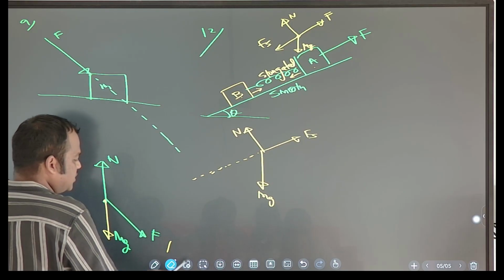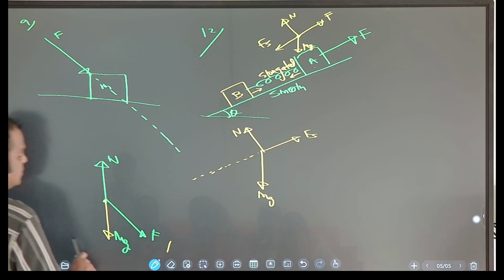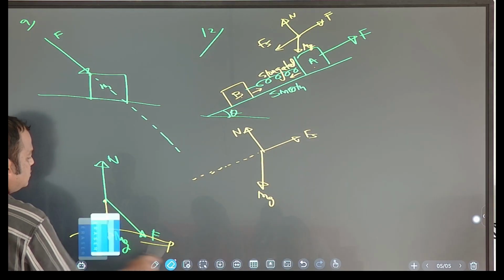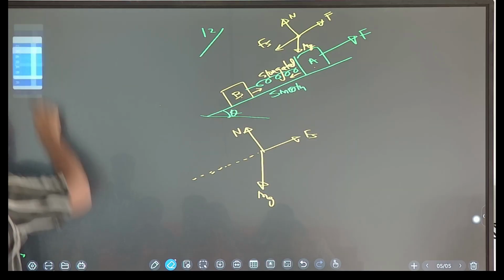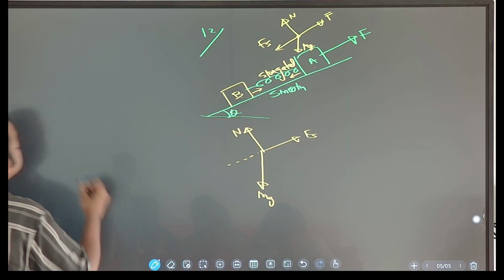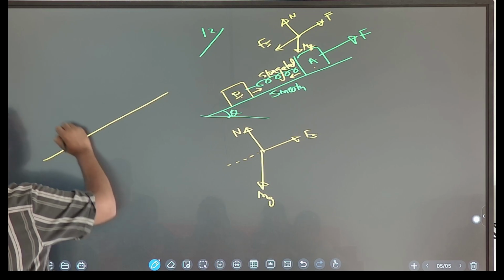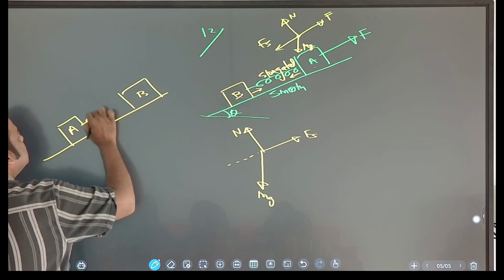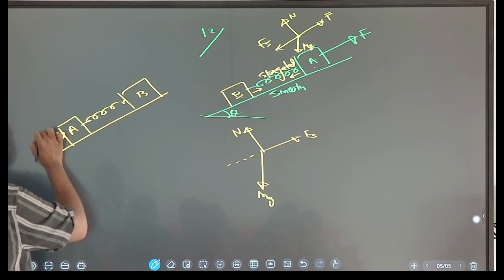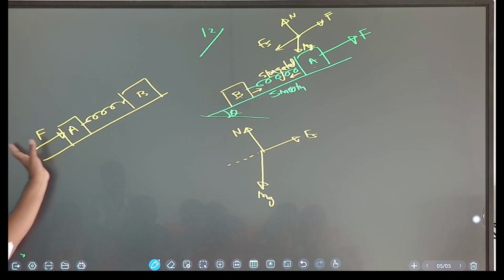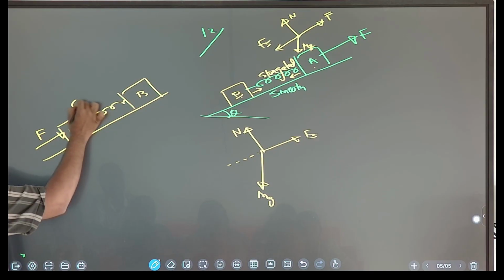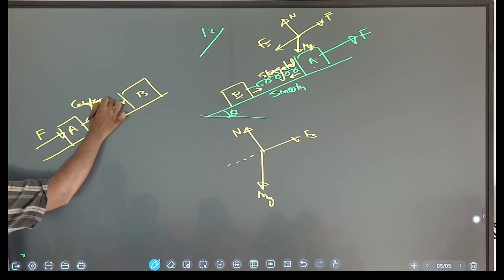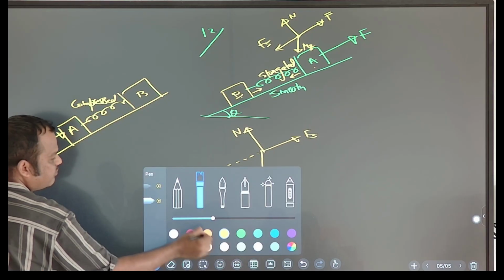Suppose if I ask a question, you answer this. Suppose this is A, this is B. Now this is the spring. Now you are exerting force on A. Now you tell, is the spring elongated or compressed? Compressed. The spring will be compressed. So what is the direction of Fs?